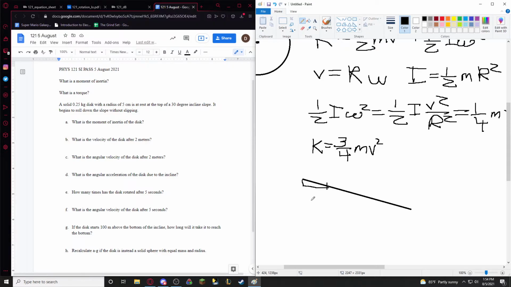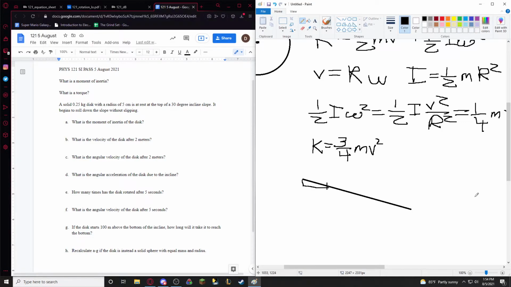Well, the slope's at 30 degrees. This is 2 meters. The height is 2 times sine of 30. What's the sine of 30? Sine of 30 is 1/2. So it's just 1 meter.